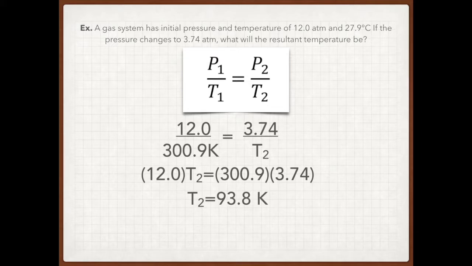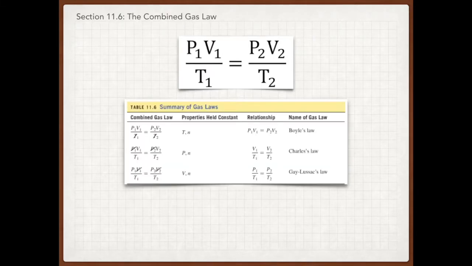Just always make sure when you're using your gas laws that you're in Kelvin and not in Celsius. So if I ask for it in Celsius, then I would subtract 273, and my answer would be negative 179 degrees Celsius, because 273 has no decimal places. So I would round this so it has no decimal places, which makes it negative 179.